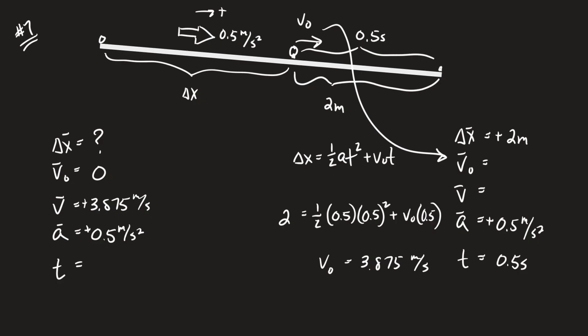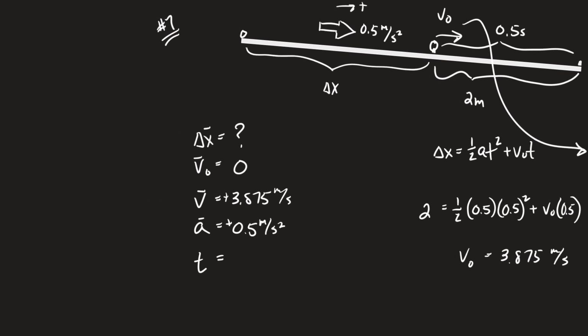So I would expect that we're looking at maybe something like 2a delta x equals v squared minus v naught squared. I think that would do it. So that's 2 times 0.5 delta x equals 3.875 squared minus 0 squared.